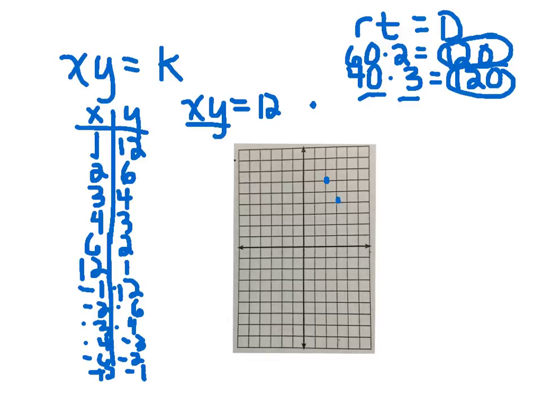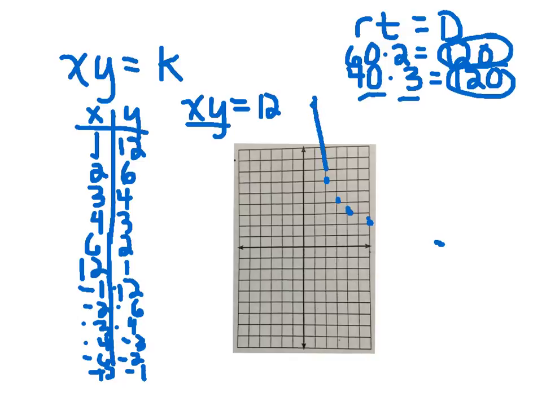And then we have 4, 3. And then we have 6, 2. And 12, 1 is somewhere out here.